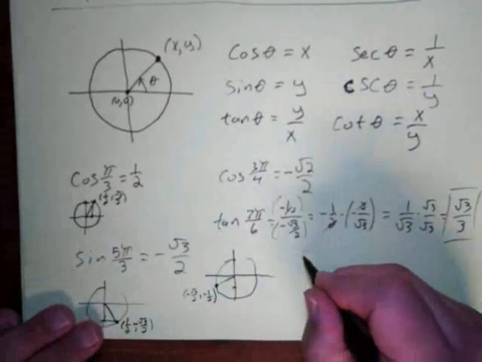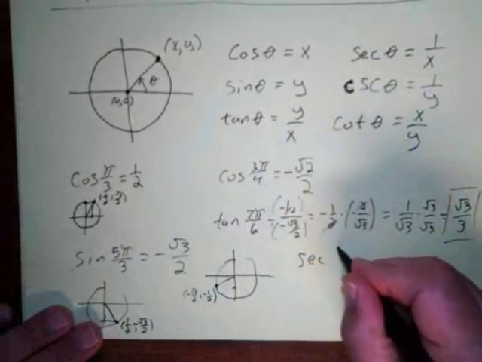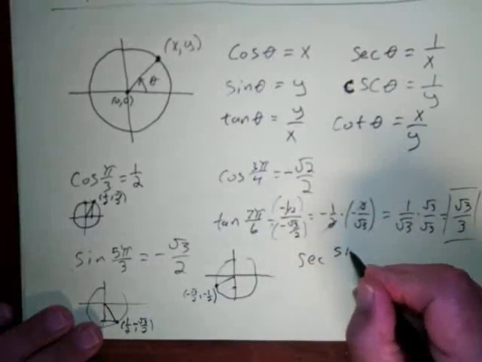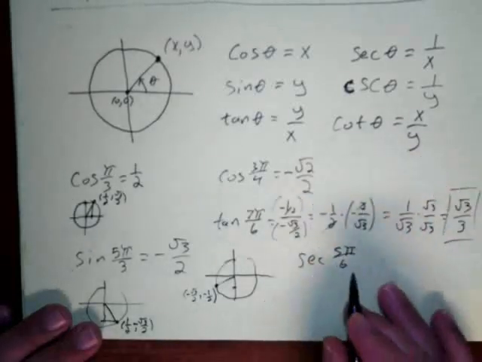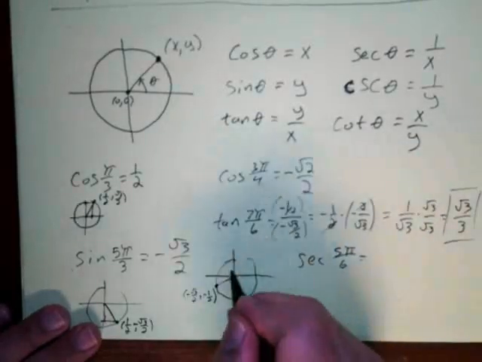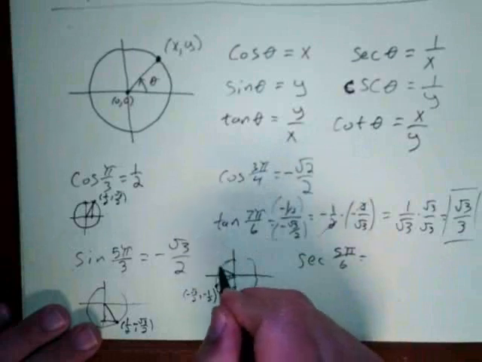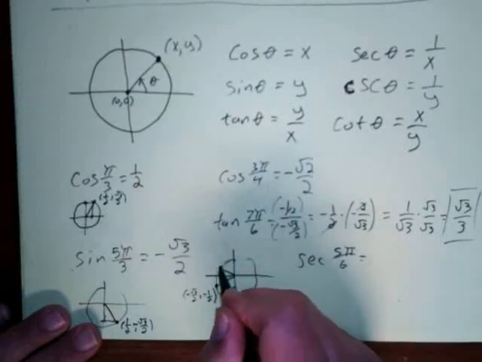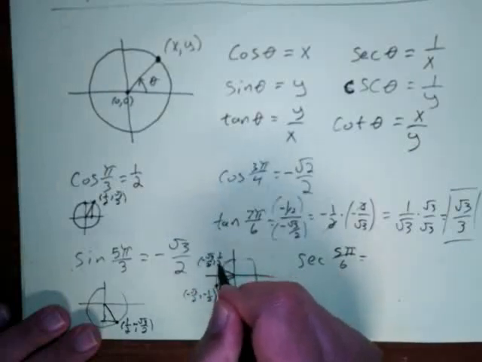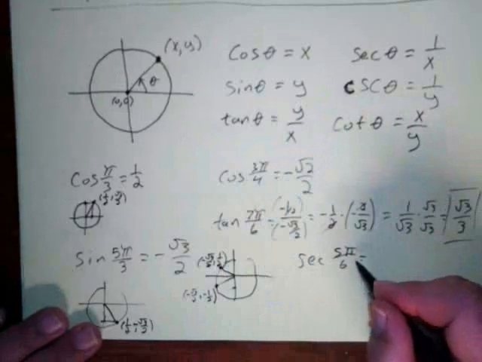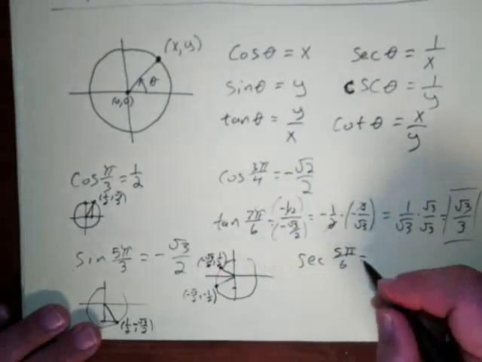So let's try something like secant of 5 pi over 6. Well, 5 pi over 6 would be this one. You got 6 of them, back up 1. And then the x-coordinate for this is negative square root of 3 over 2. The y would be 1/2. So here, the secant is 1 over the x.